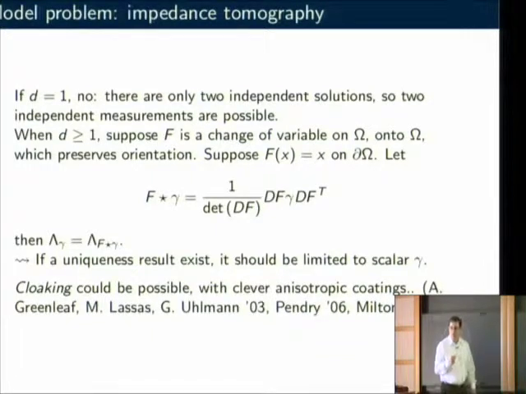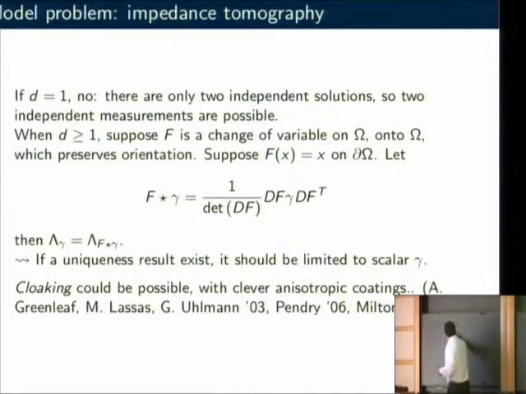I didn't quite understand it. So how does this work again? Okay, so now the question would be, what would be cloaking? Cloaking would be, how do I design a material which would, from a measurement perspective, look like an empty material? So you design an anisotropic material, which would be a change of variable which turns things around.